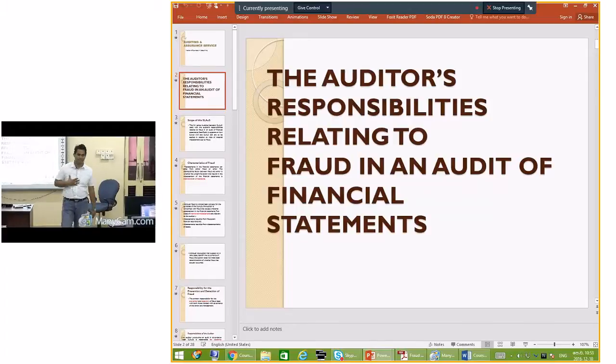Then what can the auditor do? The auditor can review their process of detecting and preventing the frauds, right? Then you will be able to get some sort of idea. What would be the fraud risk factor of that particular organization? What is the fraud risk factor? Conditions or possibilities of having frauds, pressure on frauds.